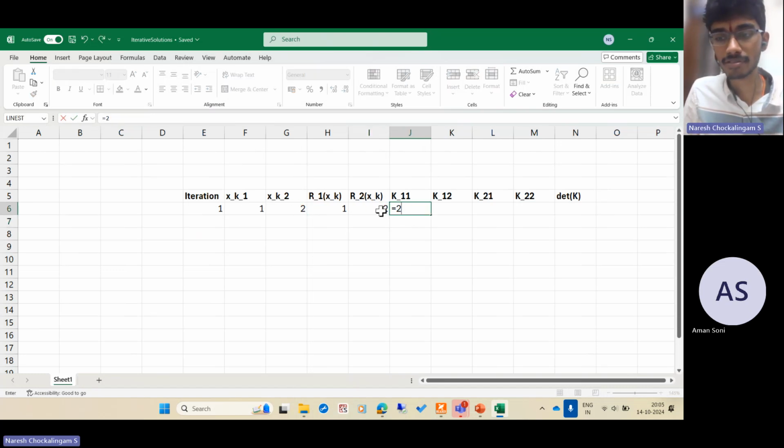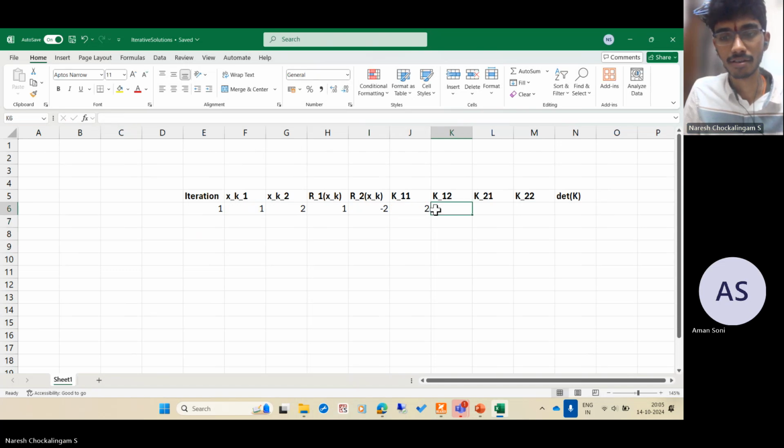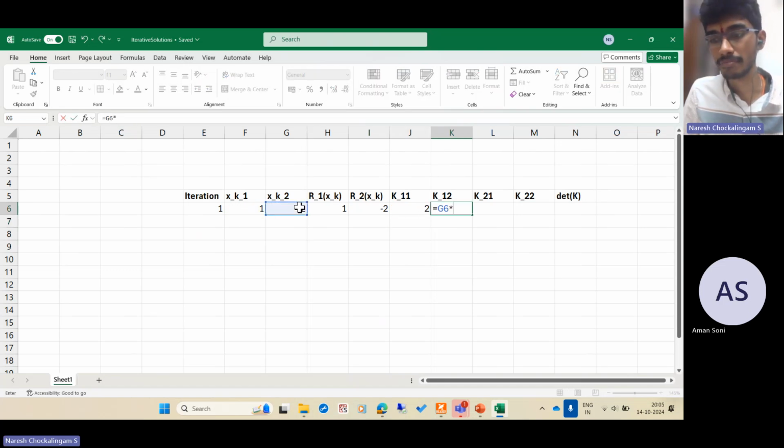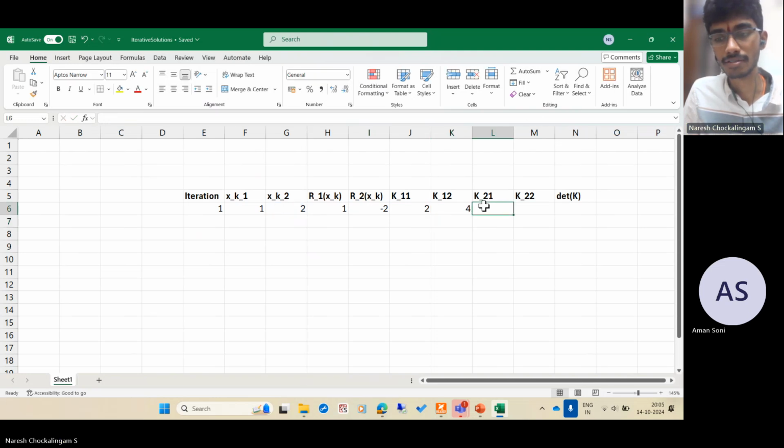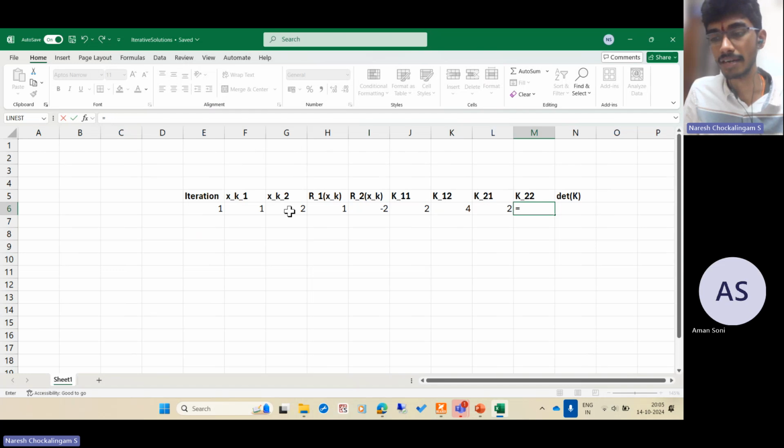And k is 2 times x1, 2 times x2, 2 times x1, and minus 2 times x2, sorry, this is just minus 1. So the determinant is k11 star k22 minus k12 star k21.